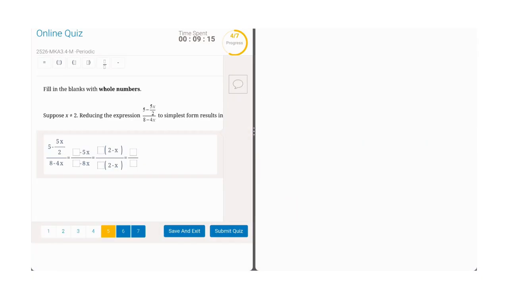For this question, we have 5 minus 5x over 2, all over 8 minus 4x. So what they want us to do is 5 minus 5x over 2, so that the 1 in the denominator becomes a 2. You multiply this on both sides by 2, so we'll have 10 over 2 minus 5x over 2.